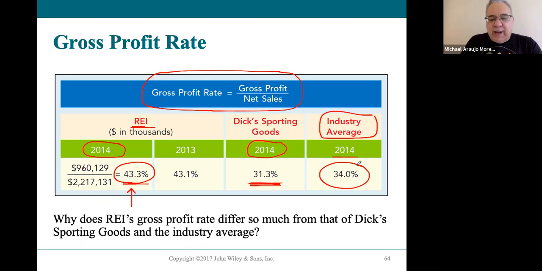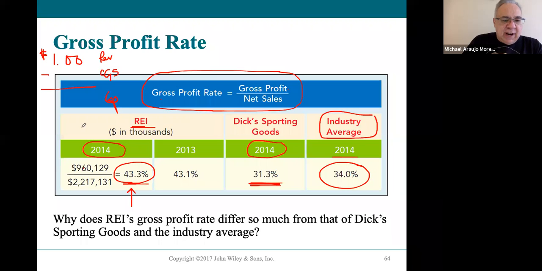Now, another way to look at this, by the way, is for every dollar the customer has given the business, after they subtract out their cost of goods sold, so this dollar is sales revenue, after they subtract out the cost of goods sold, this is what's left for gross profit.